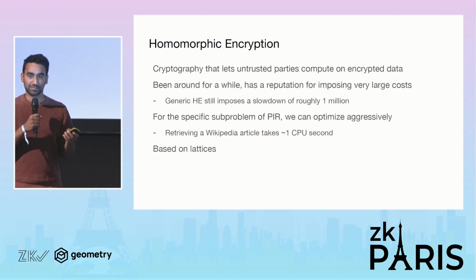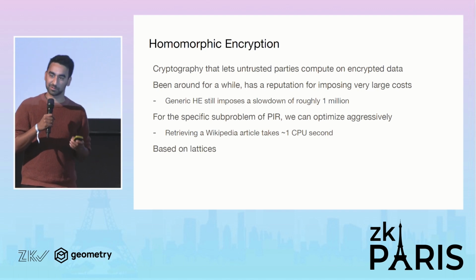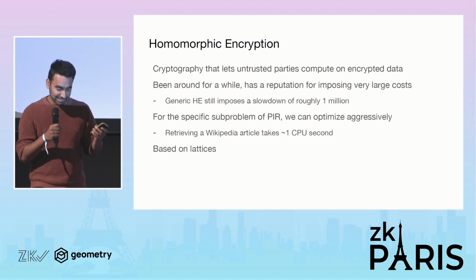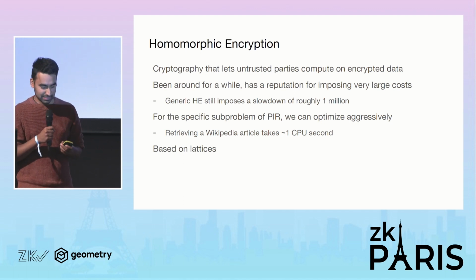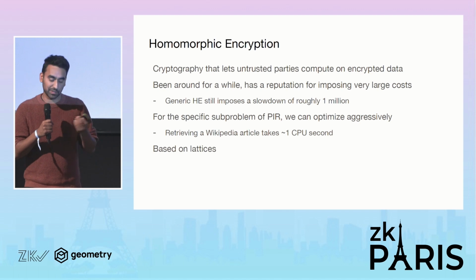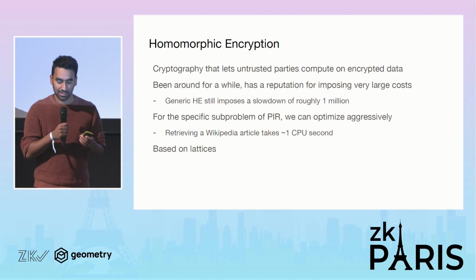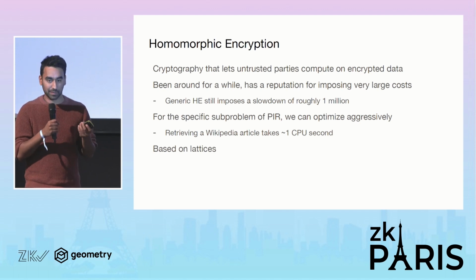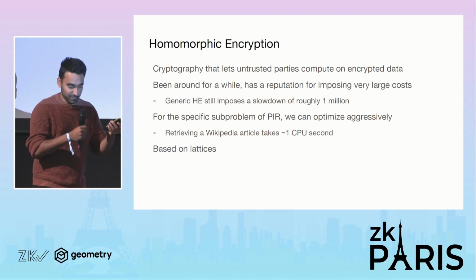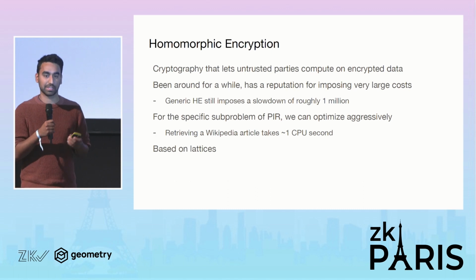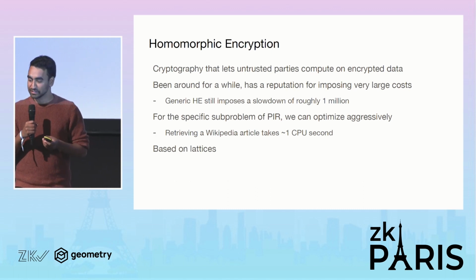This is not a long enough talk to explain all of homomorphic encryption, so I won't try. But basically, homomorphic encryption is a kind of encryption that lets untrusted parties compute on encrypted data. At a very high level, you can add and multiply ciphertexts, and the ciphertexts after you add them will encode the addition or multiplication of the plaintext.